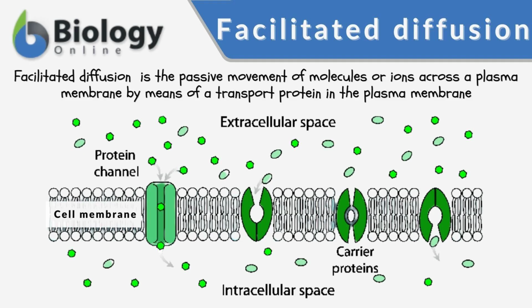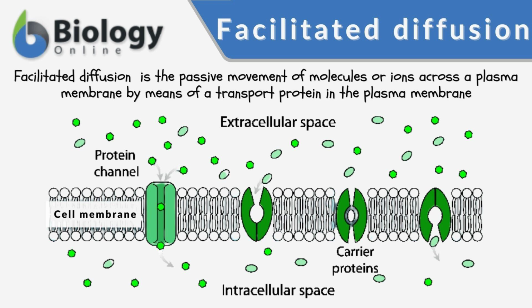Then we will discuss facilitated diffusion. This is the passive movement of molecules or ions across a plasma membrane via a transport protein in the plasma membrane. If you observe this diagram, there is an extracellular space and an intracellular space, and between them is the plasma membrane or cell membrane.